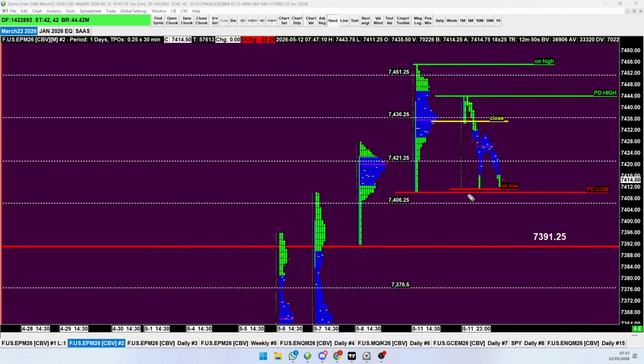If we break the overnight low and the previous day low, yesterday's low, I'm looking for the 74.06 and a quarter. The reason I'm looking there is that's where the shorts are trapped from 2 days ago. Okay? So, if we can get under 6, then we're going to be looking at 73.91, right?